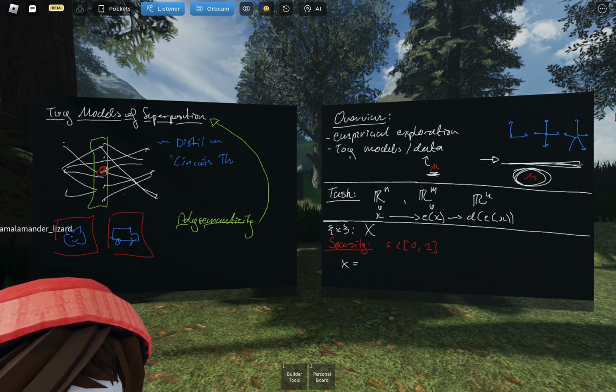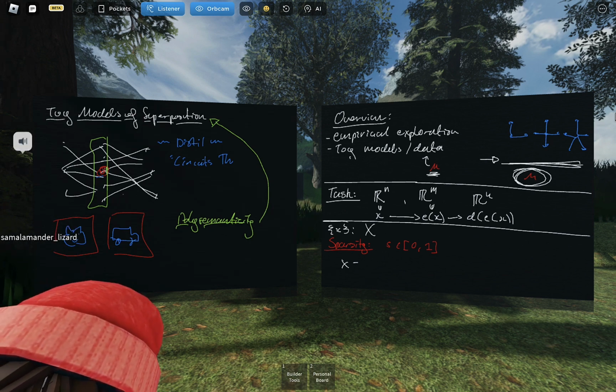It's a bit hard to write. I guess you could write x is a column vector with x1 through xn in it, and then you can say how the xi are generated.